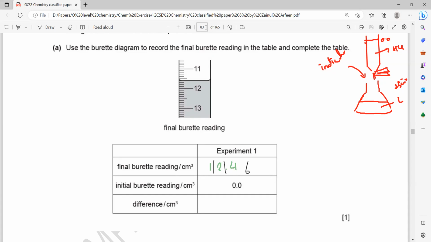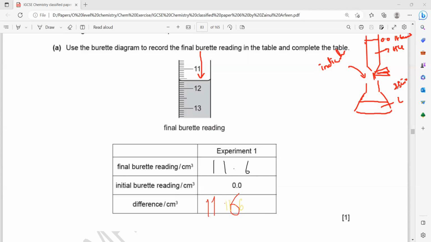Not 12.4. Whenever we are reading, that's a mistake. When we are reading a burette, we read from top to bottom. So how much volume is removed? So this is 11, 11.5, then 11.6. And the difference in the volume is final minus initial, so 11.6. So how much HCl is needed for the first reaction? The first reaction needs 11.6 cm cube of HCl.